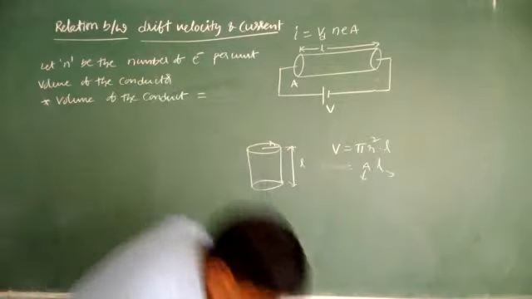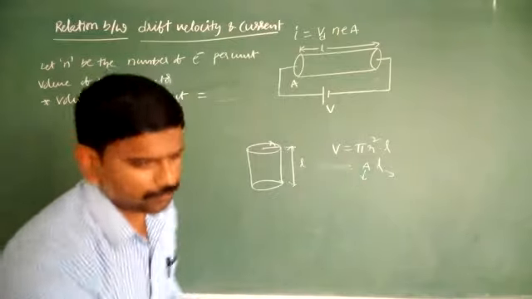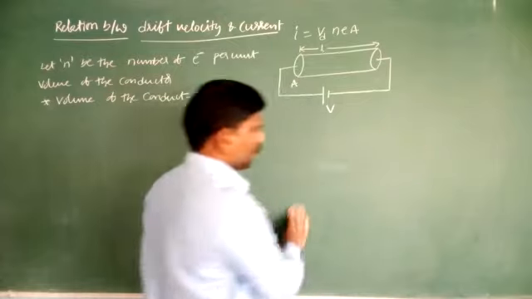Here it is already given that the area of cross section is A and length is L.